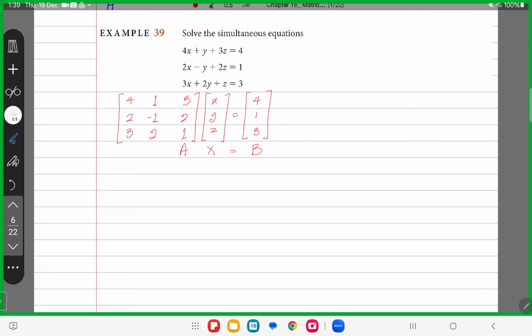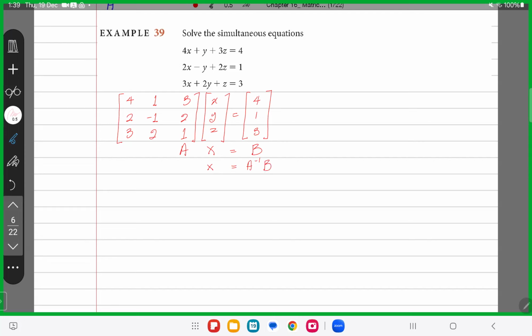Our objective is to determine the matrix X, and by so doing, determine the values of X, Y, and Z. Now, we've just established that to solve a matrix equation of this form, we need to write back X and multiply the right-hand side by A inverse.